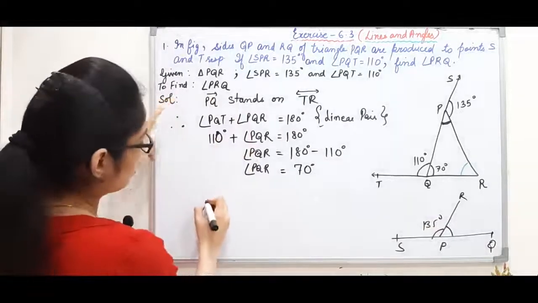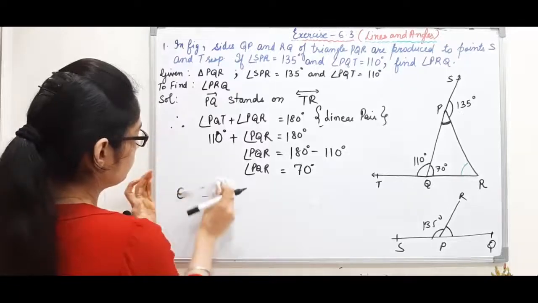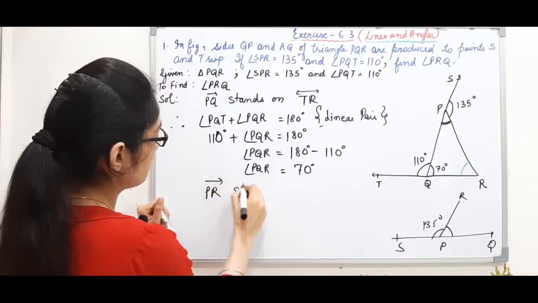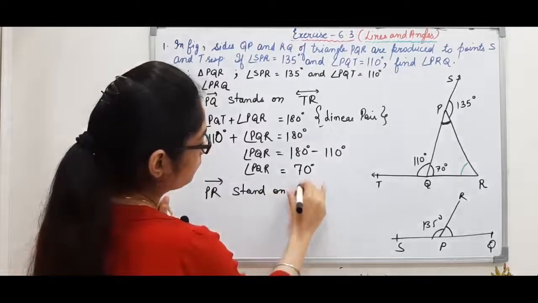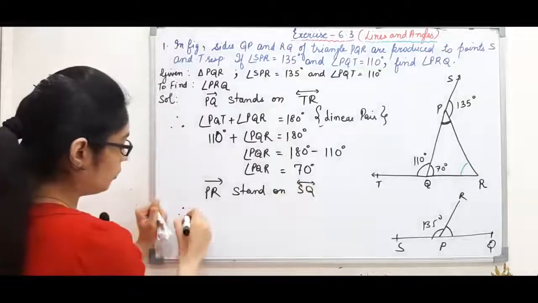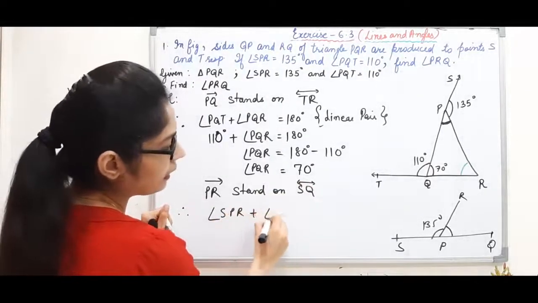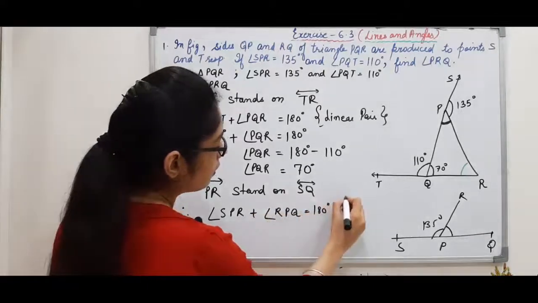So we can mention, ray PR stands on line SQ. Therefore angle SPR plus angle RPQ is equal to 180 degree.